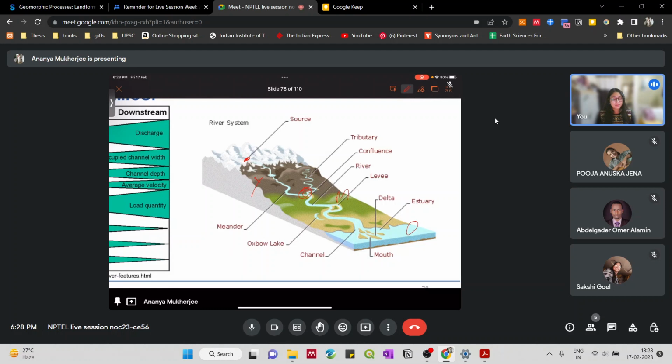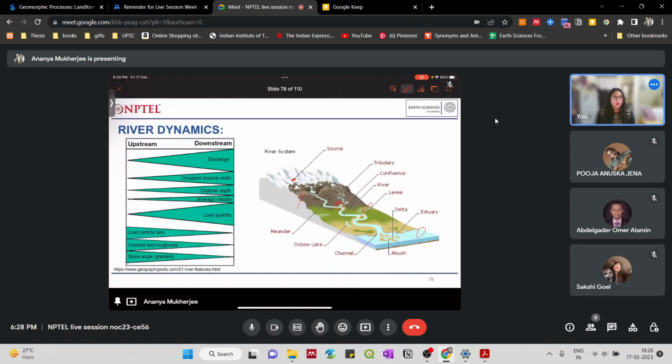Then you have levees forming, oxbow lakes, meanders, and deltas. These are the very basic ones, but we'll now see how the river dynamics are taking place, and which factors suggest which kind of features are being formed.